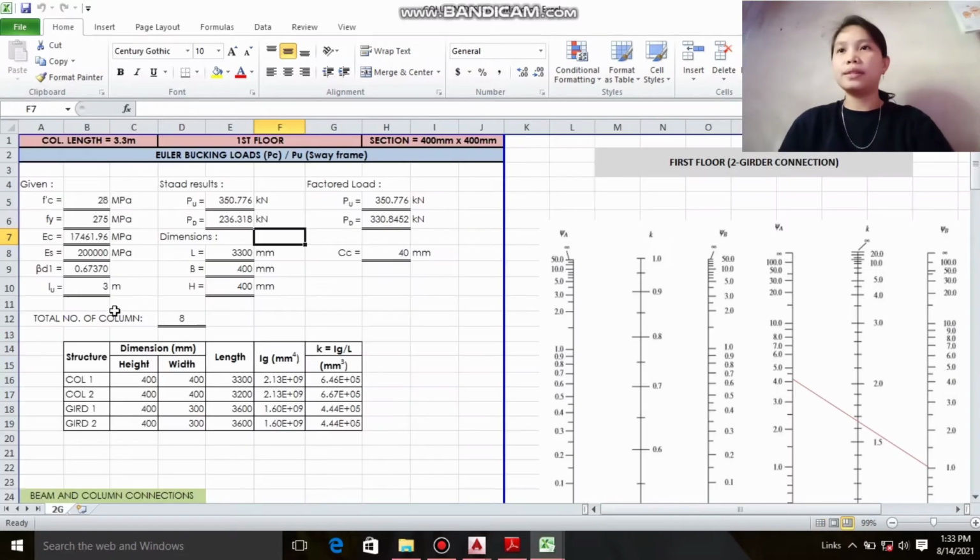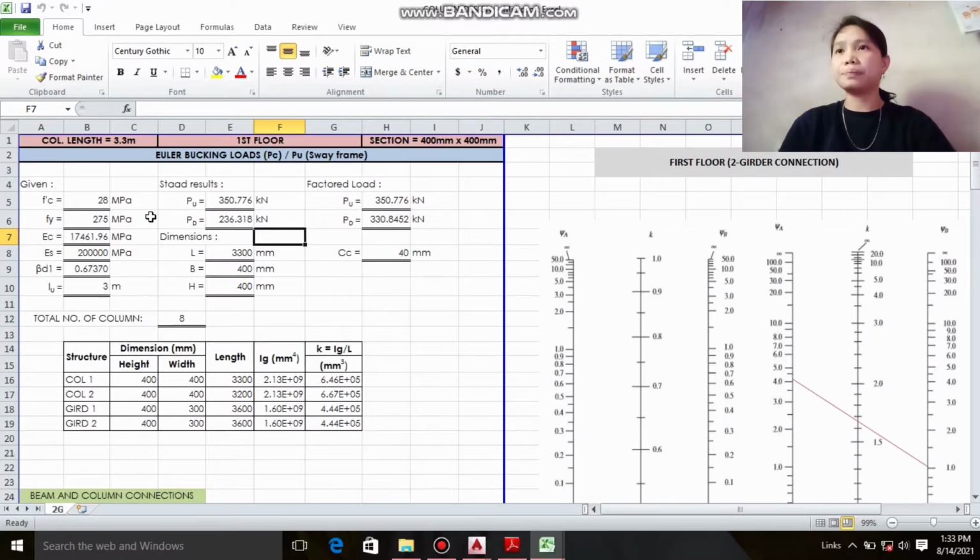And for the column design, buckling loads, the column length is 3.3 m for the first floor, and the cross section is 400 mm by 400 mm.